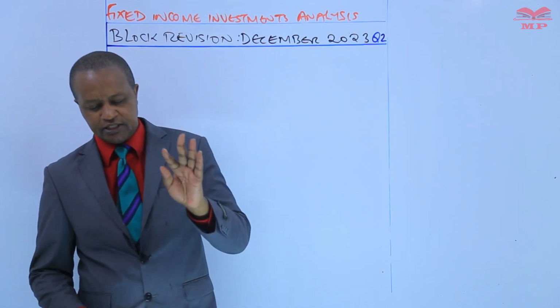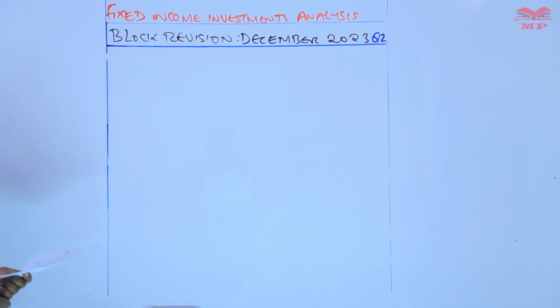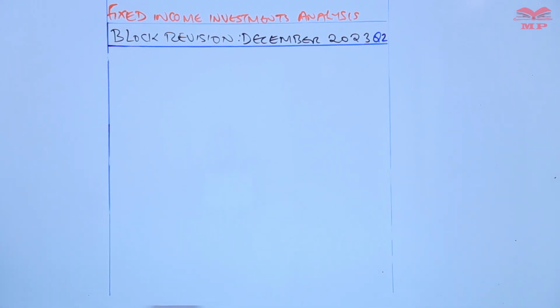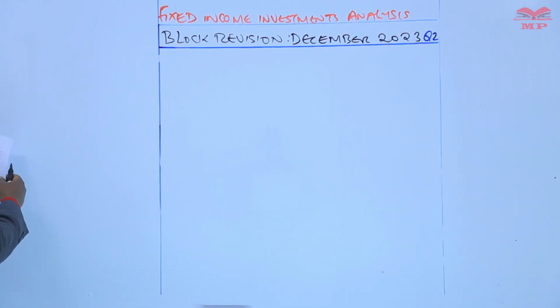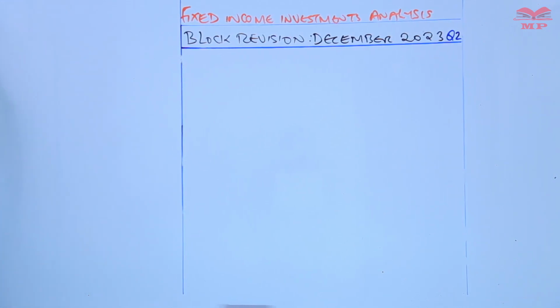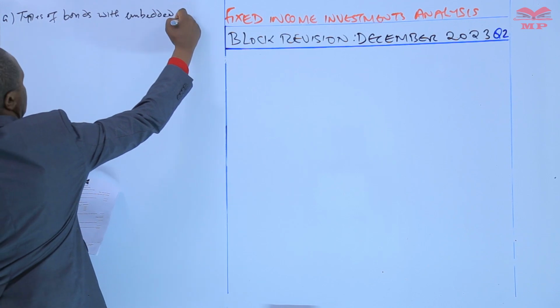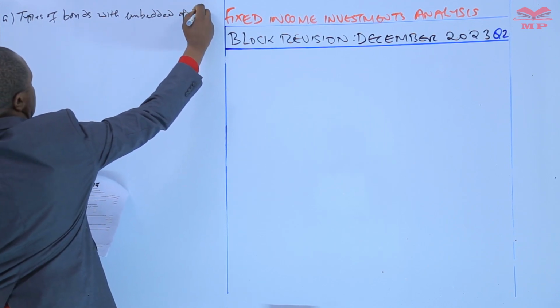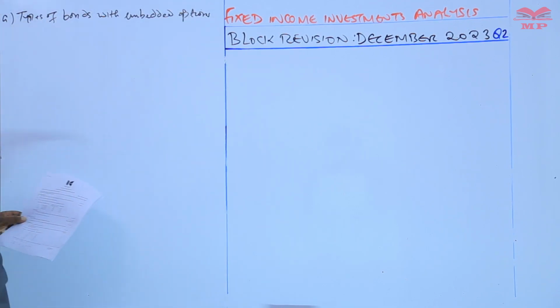Candidates were to explain two. So let us put down the 4. These are types of bonds with embedded options.